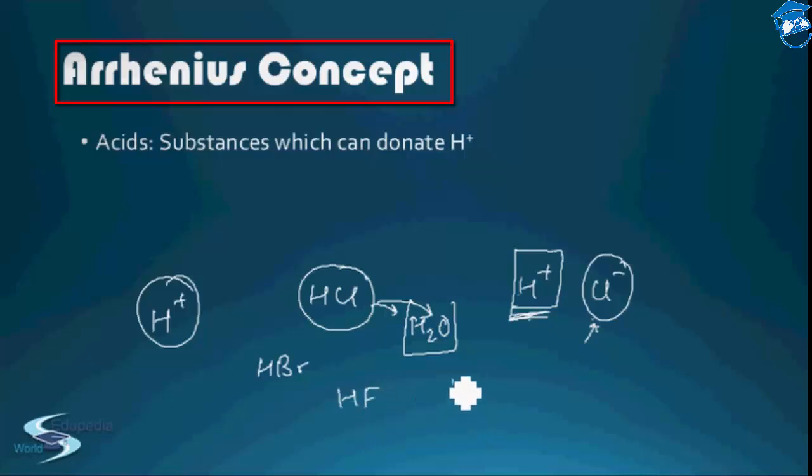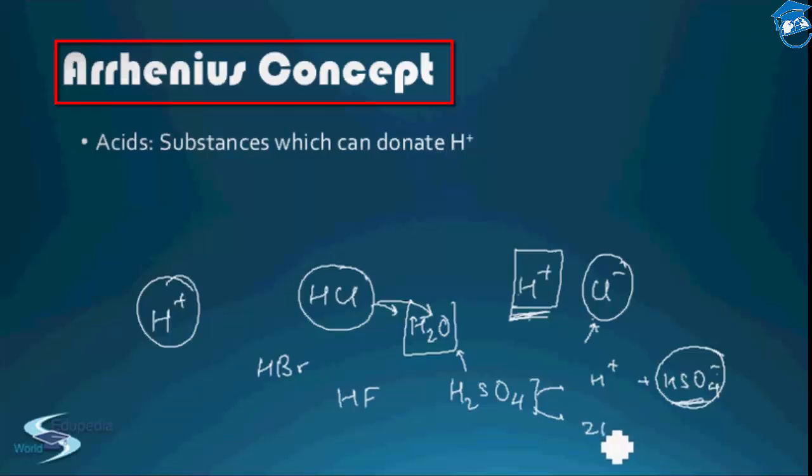HI, and H2SO4. When put in water, H2SO4 can again donate H positive, but this time it has the ability to donate either one H positive, in which case the remaining anionic part, which is negatively charged, will be HSO4 negative, or it can donate two H positives, in which case the rest of the part is SO4 2 minus.